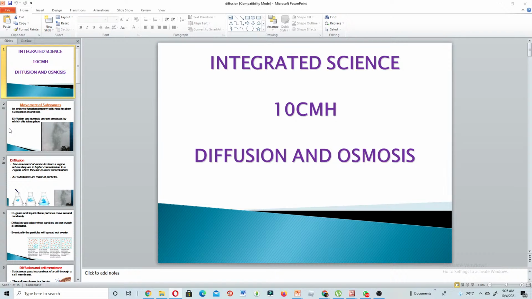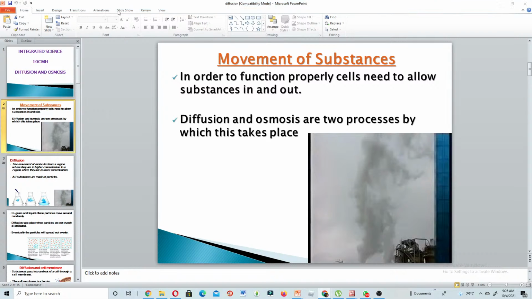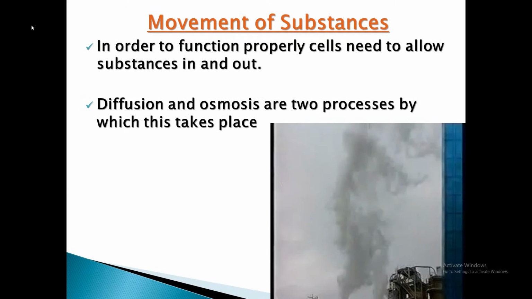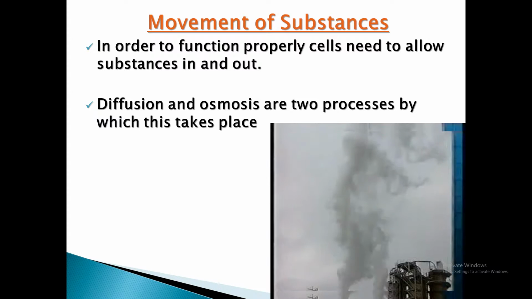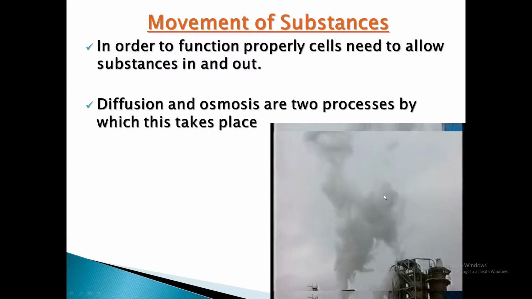In looking at these two terms, we're going to look at how substances move in and out of the cells, because the cells inside living organisms need substances to go in and out.